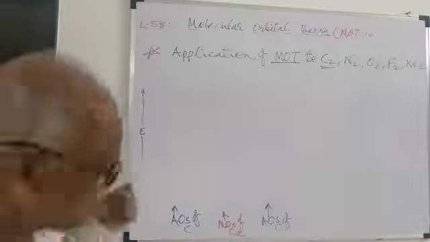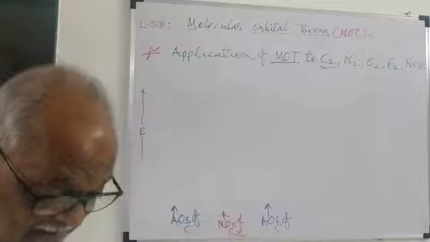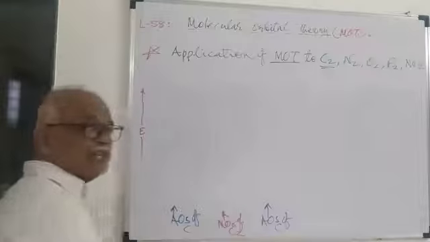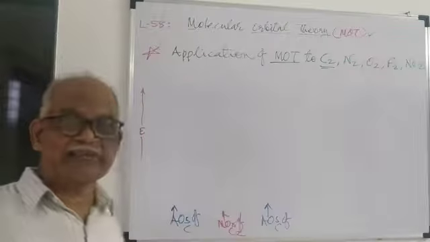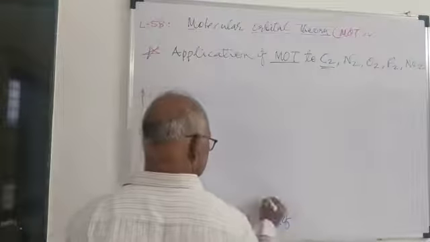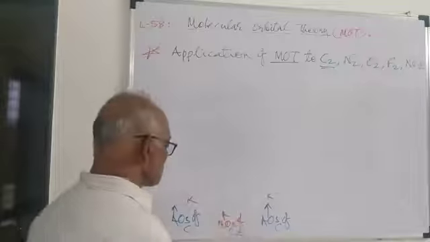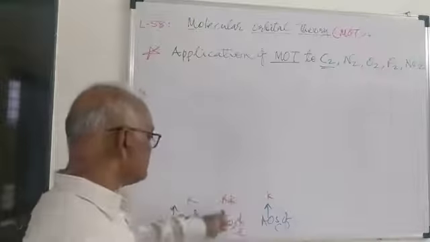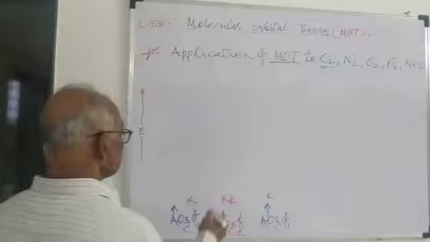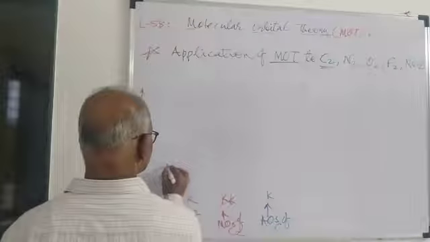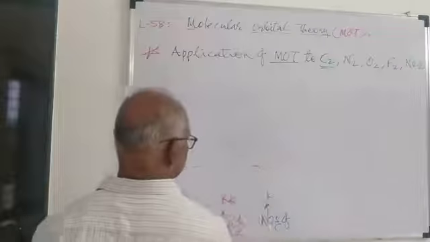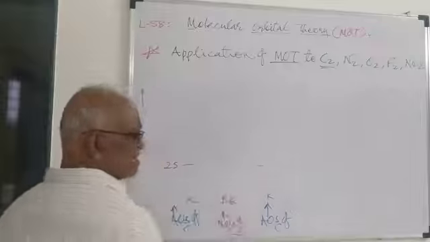Now we will have the energy levels of these molecules. Each carbon will provide 1s, which is presented as K, and after linear combination this gives KK, that is bonding and anti-bonding molecular orbitals. Then we will have the next energy level, that is 2s.